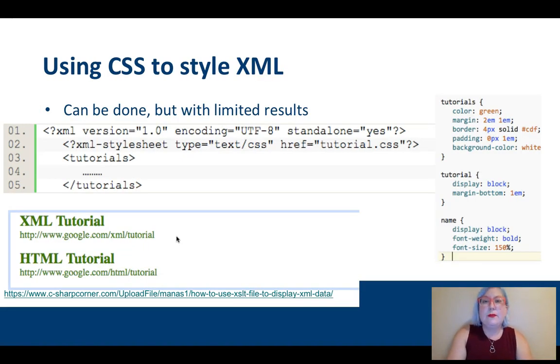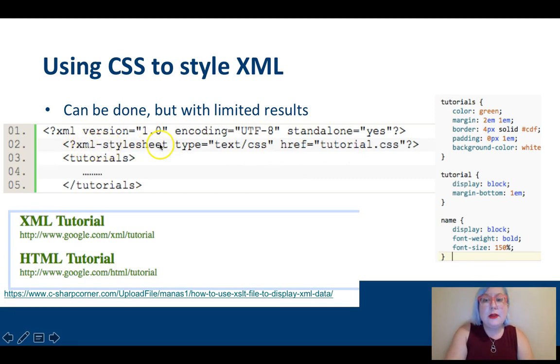And let's say, for example, that we want to use CSS to style that file. In order to do that, within our XML file, we would include a link to the CSS style sheet in much the same way that we would for an HTML file. So very similar, right? And this is the syntax that you would use.